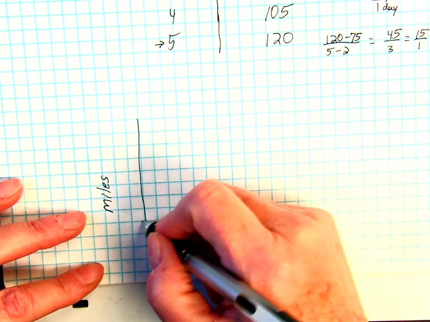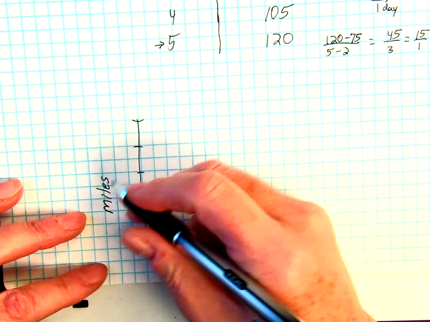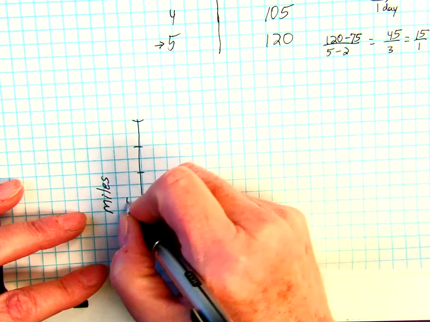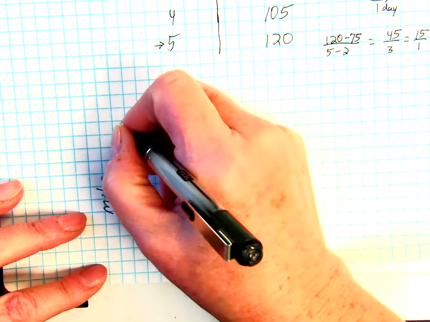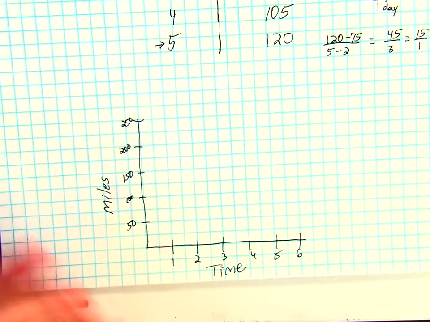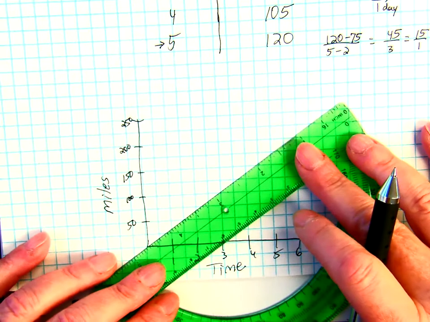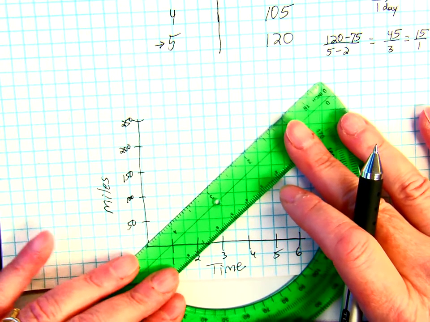We're going to be going up by 50s, I believe. So 50, 100, 150, 200, 250, and our line is going pretty straight up there.